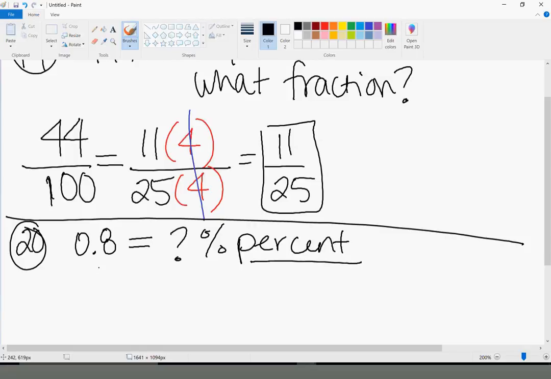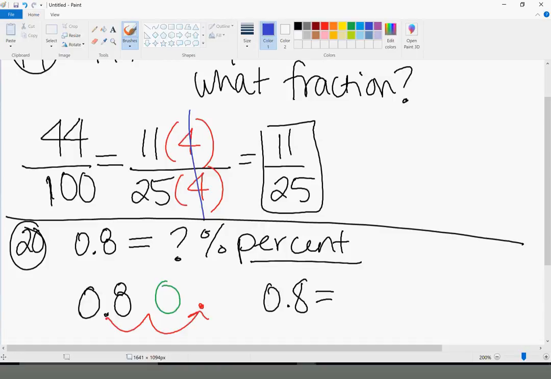So to change from a decimal to a percent, you move the decimal place 2 units to the right. Alright, so we need to put a 0 here. So 0.8 is equal to 80%.